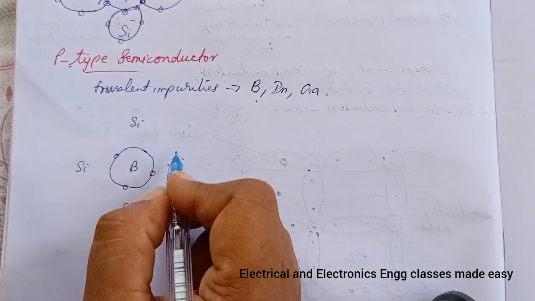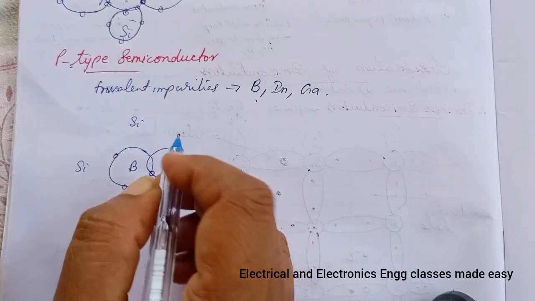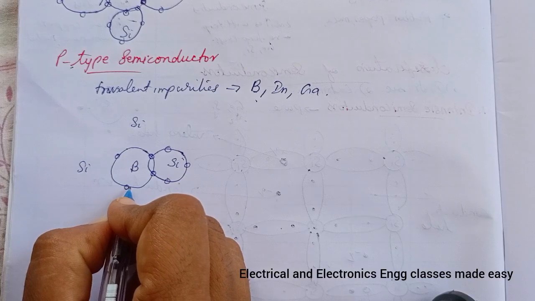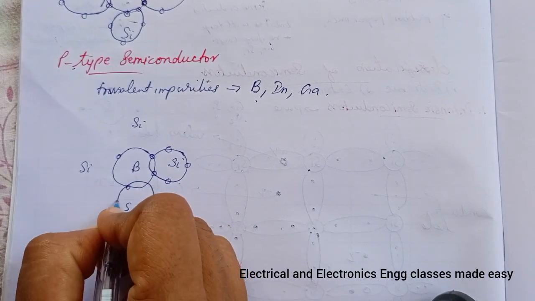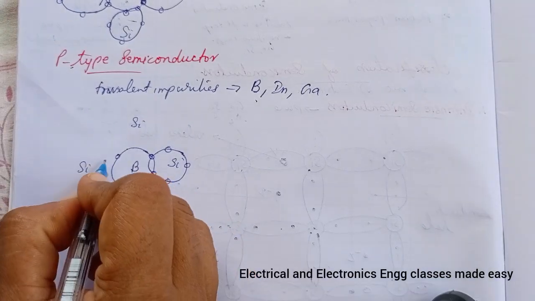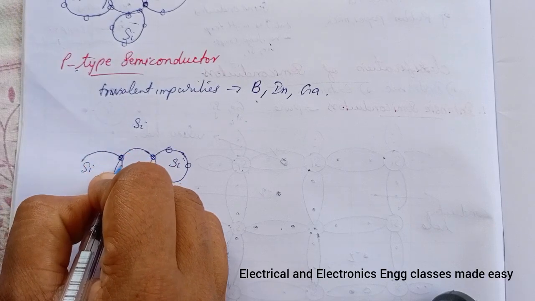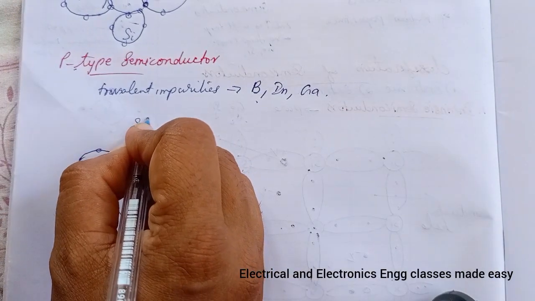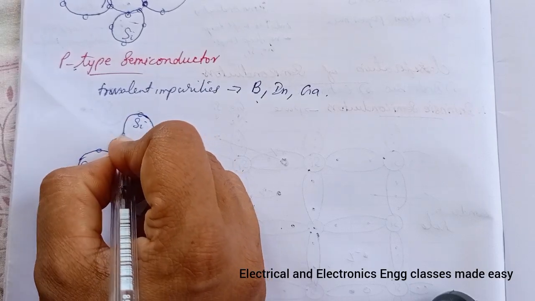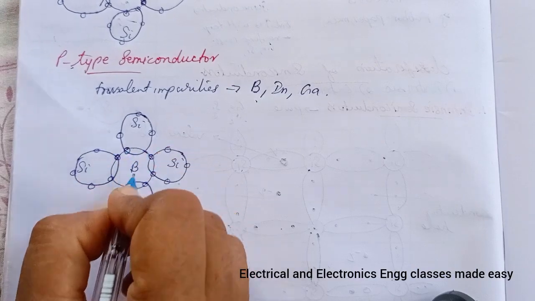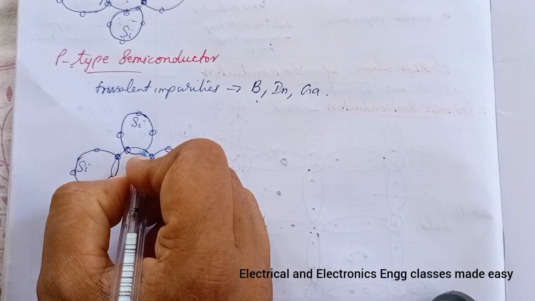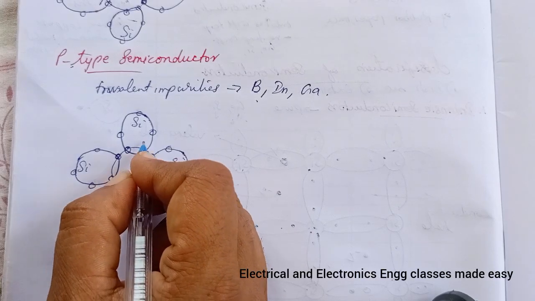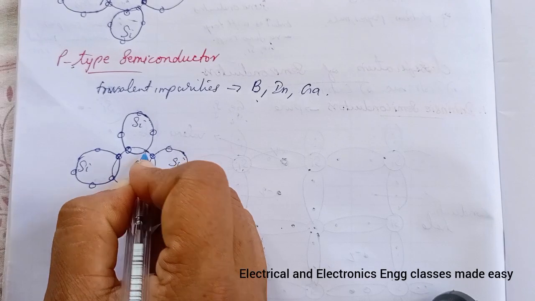The silicon has 4 valence electrons, so one will be in covalent bond with this boron, but 4 electrons are required, so a hole results when each trivalent atom is added.